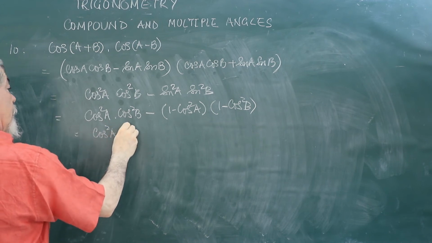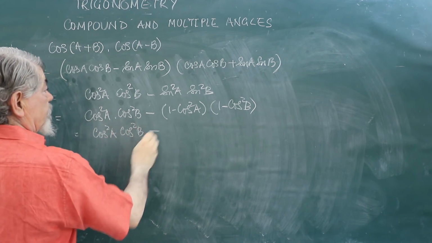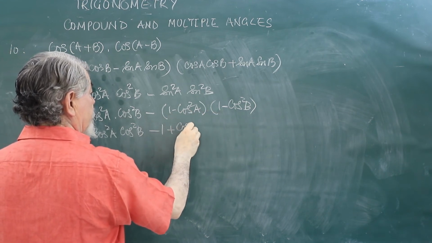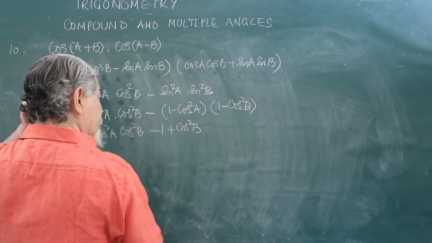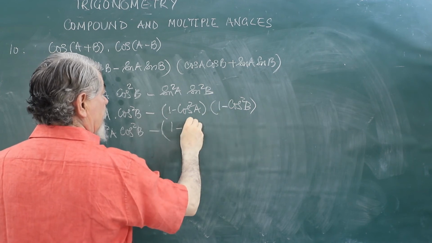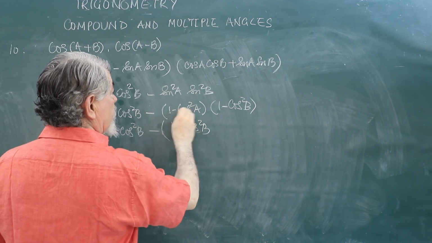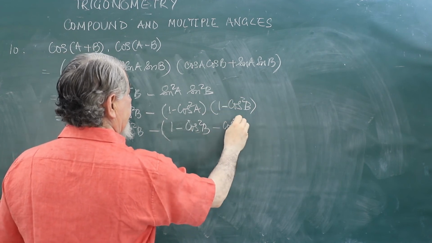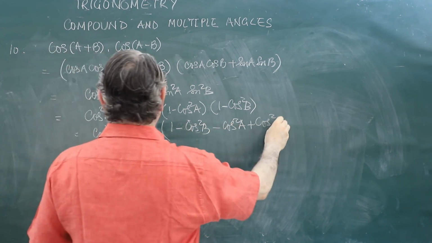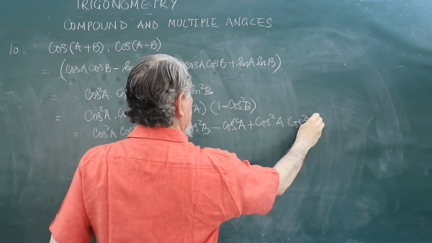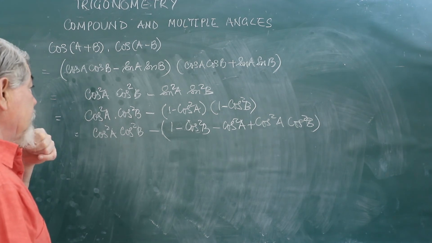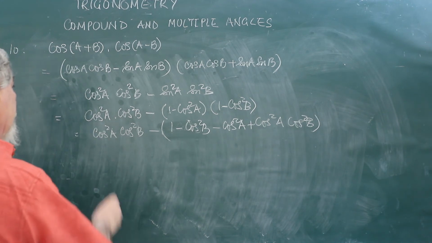Cos square A cos square B minus 1 into 1 is 1, and minus cos square B, minus cos square A plus cos square A cos square B. Okay, and then let us change the signs. So what do we get?